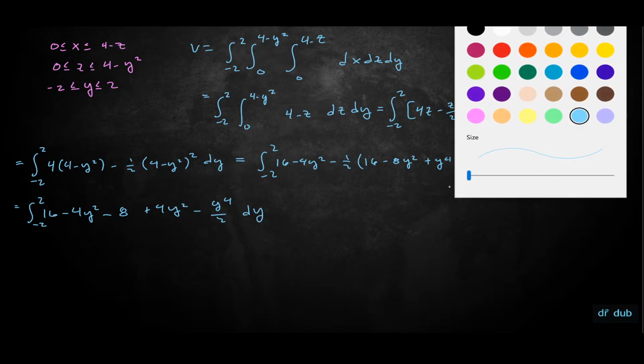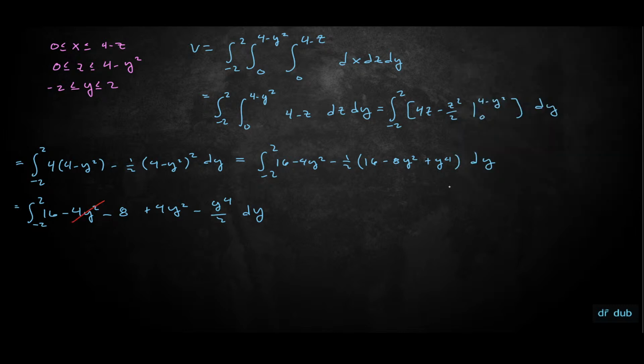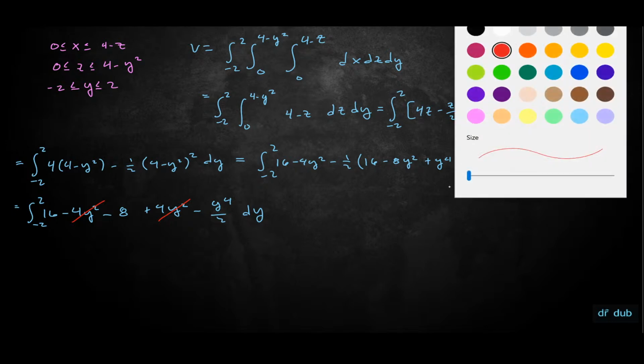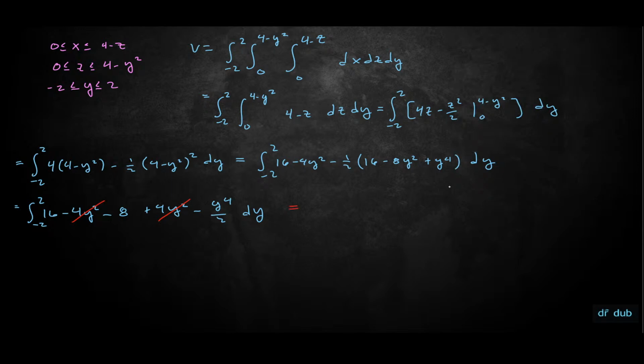And we get some nice cancellations here. 4y squared goes away. It's nice. 16 minus 8, that's just 8. And it's actually an even integral over a symmetric interval. So I can say this is going to be 2 times the integral from 0 to 2 of 8 minus y to the 4 over 2 dy.